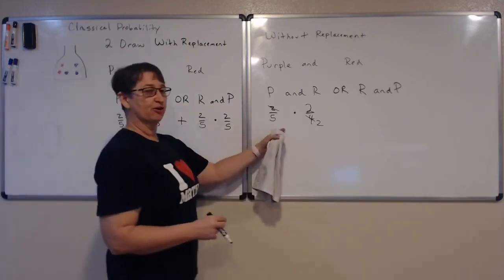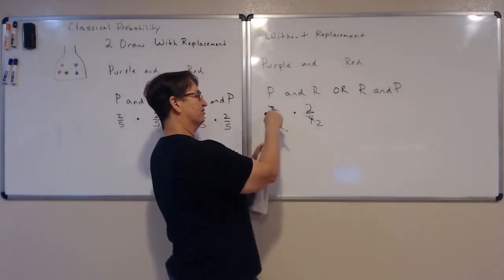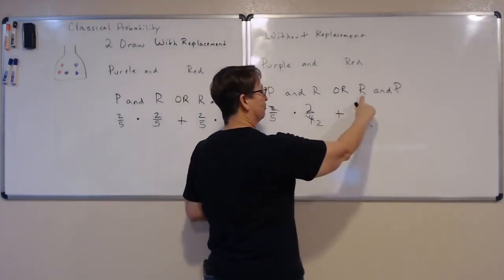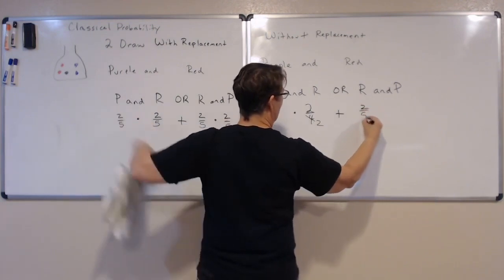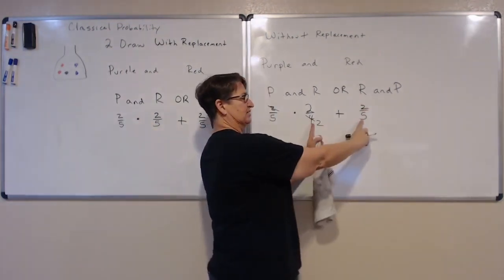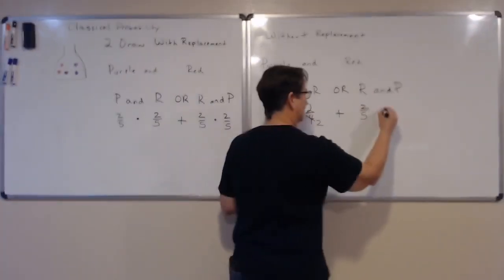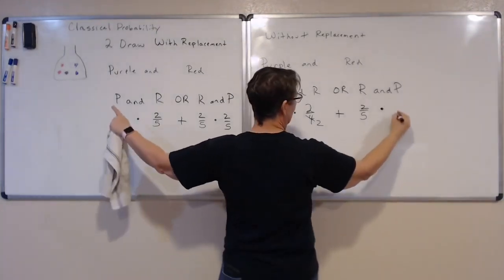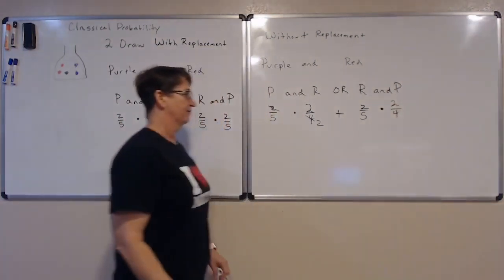Whereas over here, the probability changed dependent upon this first one. So the probability of my red this time is 2 out of 5. Notice that these guys are different. They're not the same probability. And the purple is now, well, I only have 4 marbles left, but there are still 2 purples in there.